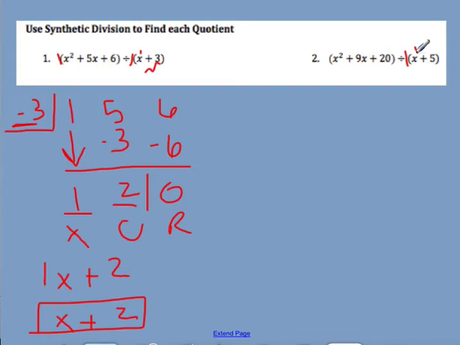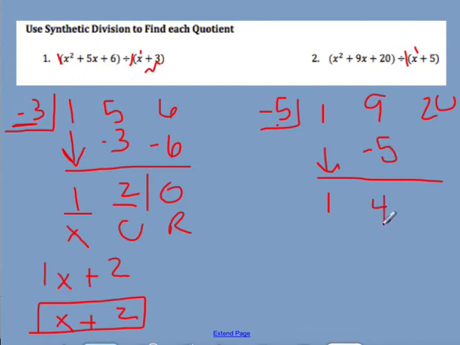So let's take a look at number 2. So we're going to put in a negative 5 in the box because that's the opposite of the number in there. And then I have 1, 9, and 20. So now let's go ahead and use some synthetic division. So I'm going to drop the 1 down. 1 times negative 5 is negative 5. Then I add down the columns. 9 plus negative 5 is 4. 4 times negative 5 is negative 20.